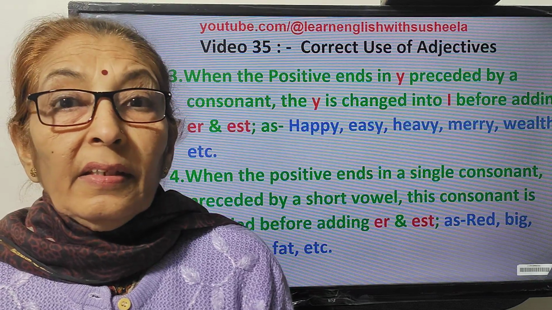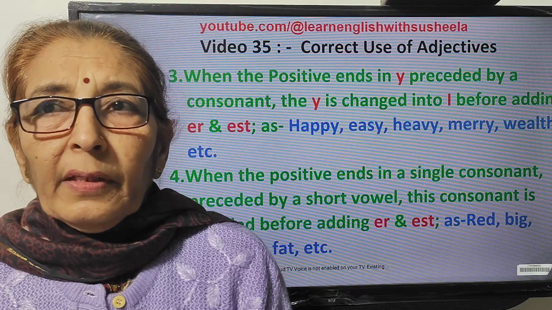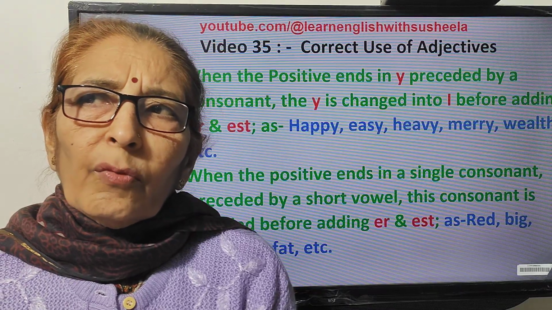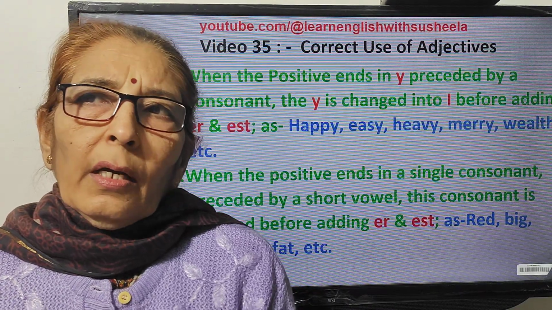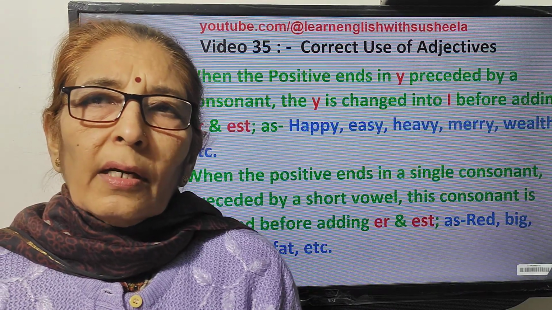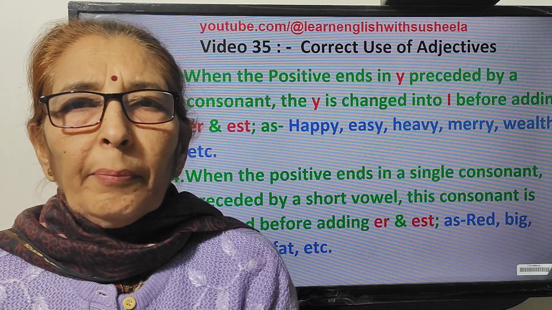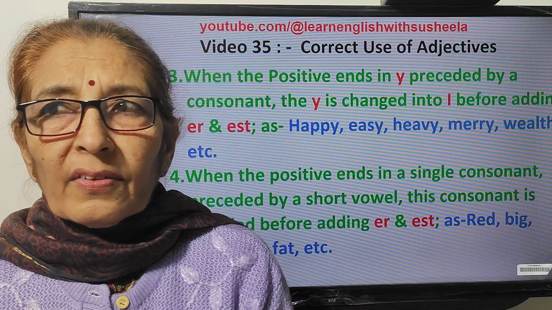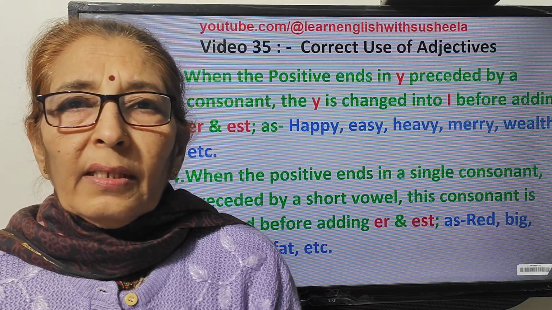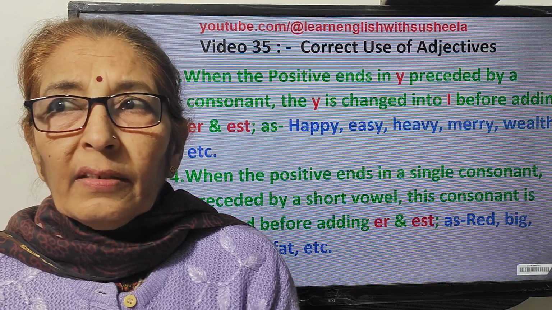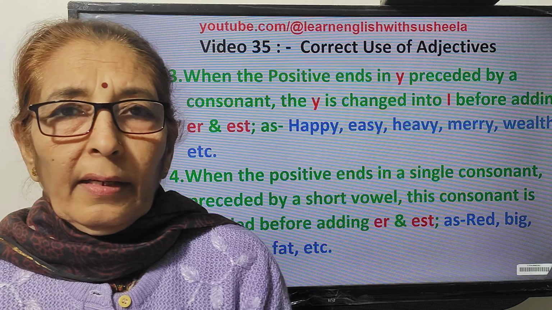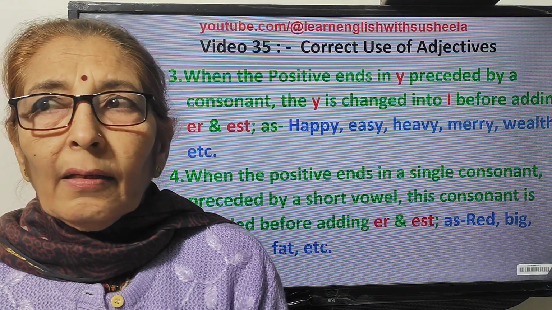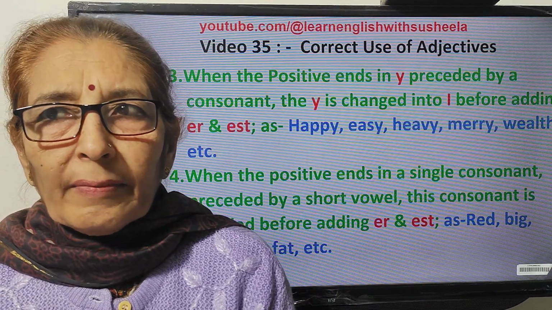Then easy, easiest or easier. So in all these where Y is at the end, we use I and EST or I and ER. Happy, happier, happiest. Easy, easier, easiest. Heavy, heavier, heaviest. Merry, that is happy. Merry, merrier, merriest. Same way, wealthy, wealthier, and wealthiest.